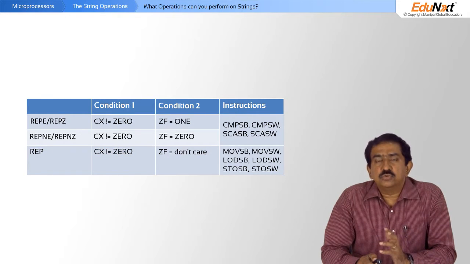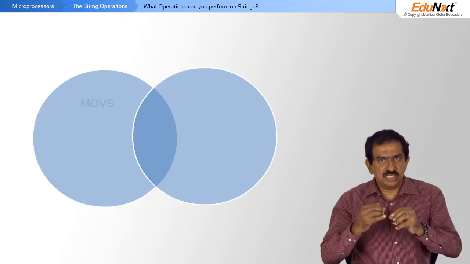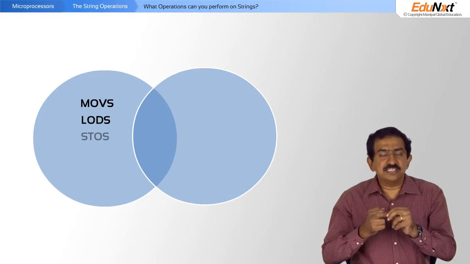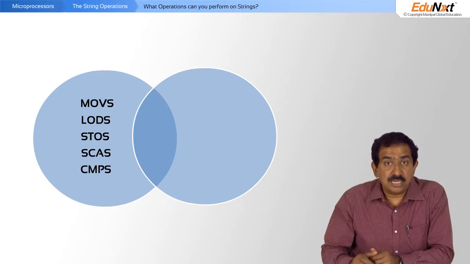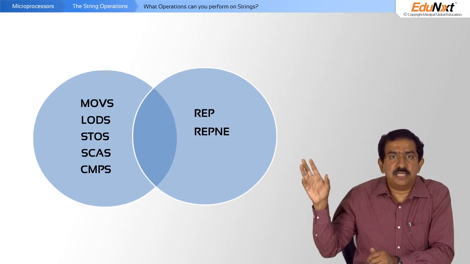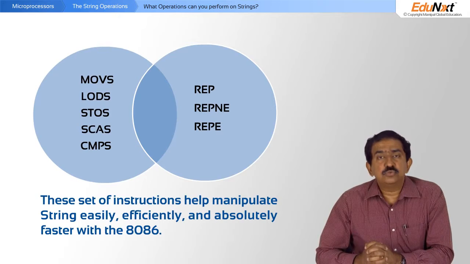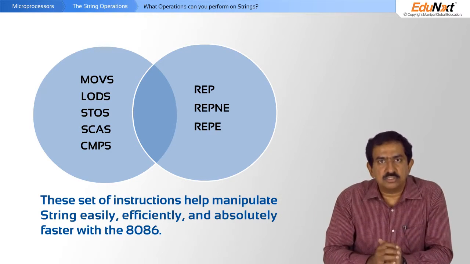These are special usages that you have with the string operations. Using this set of instructions, the move string, MOVS, the load string, LODS, the store string, STOS, scan string, and compare string, along with REP, REPNE, or REPE, this set of instructions helps you to manipulate contiguous bytes of information or words of information called strings very easily, very efficiently, and absolutely as fast as it can be with the 8086.